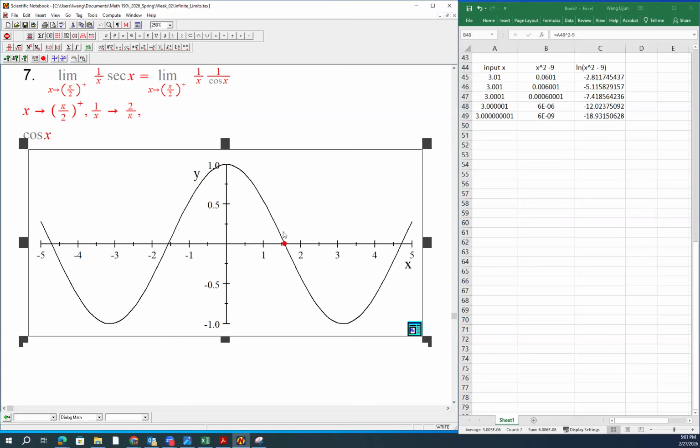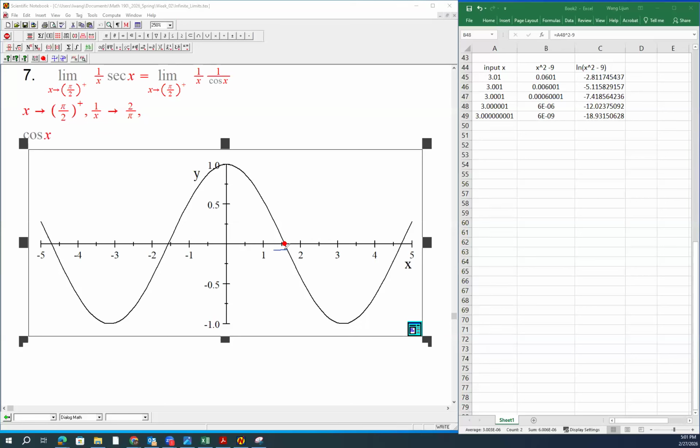We are approaching pi over 2 from larger than pi over 2. Let me mark pi over 2 in blue, because pi over 2 is the input.